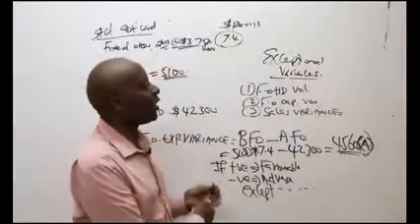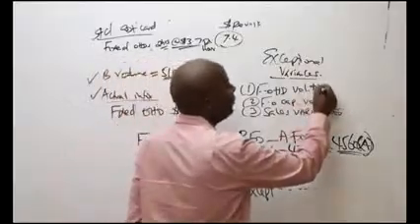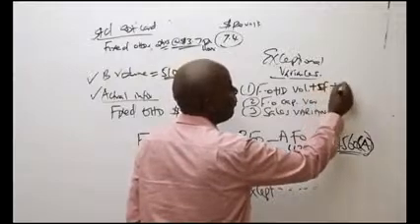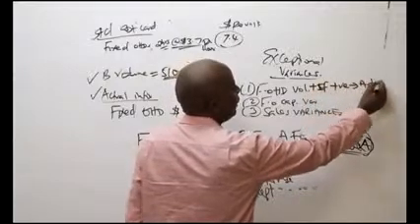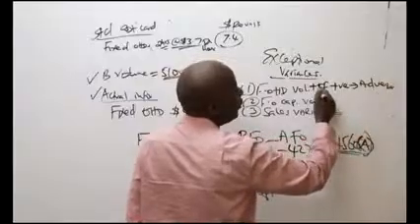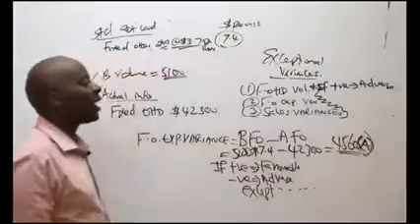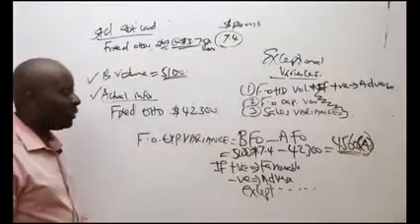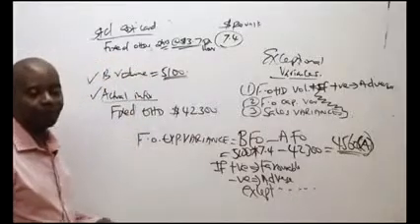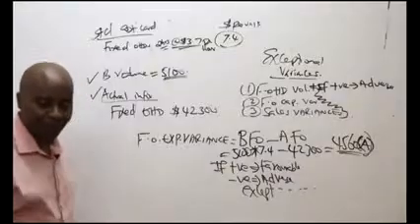So for fixed overhead volume, if positive, take it to be adverse. All the three actually. If they are positive, instead of them impacting on our profit positively, they will be disadvantaging us. Is that okay?